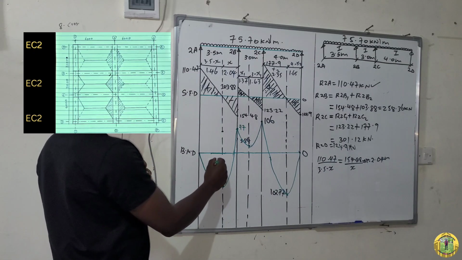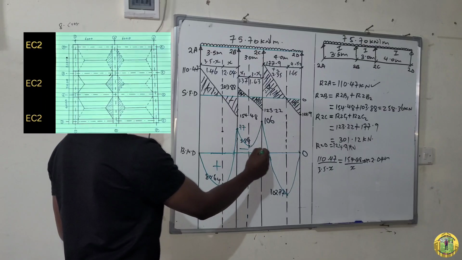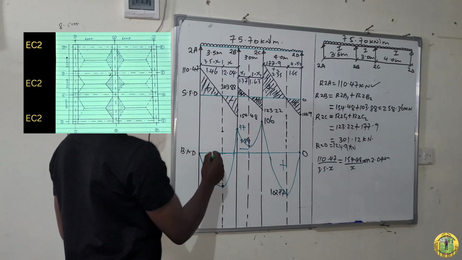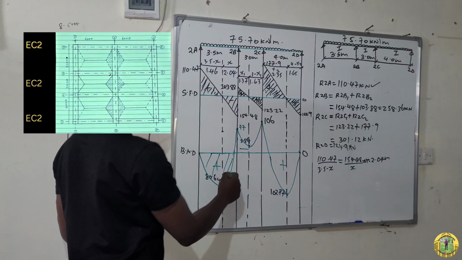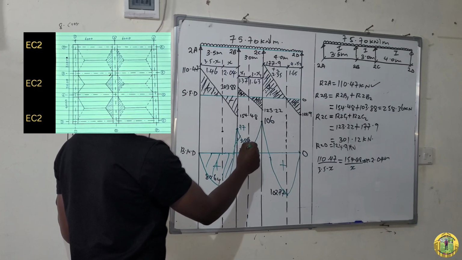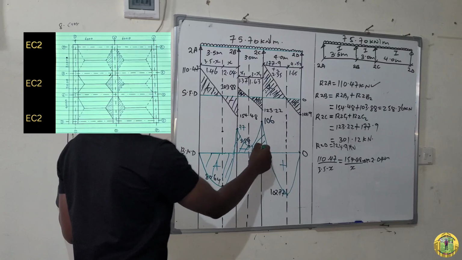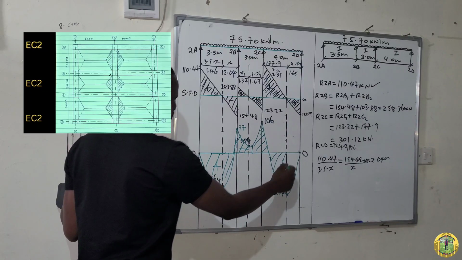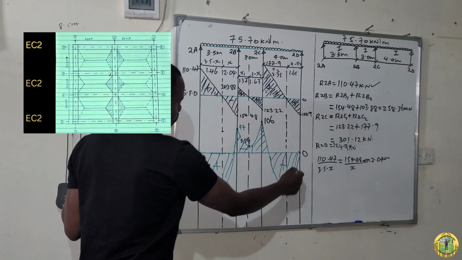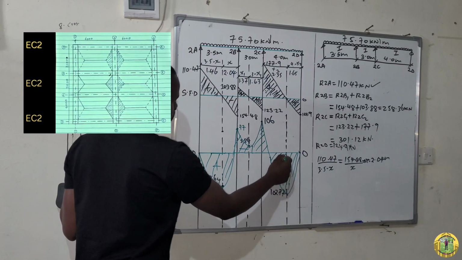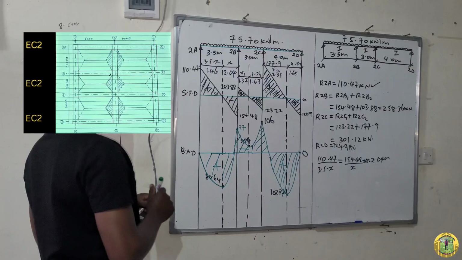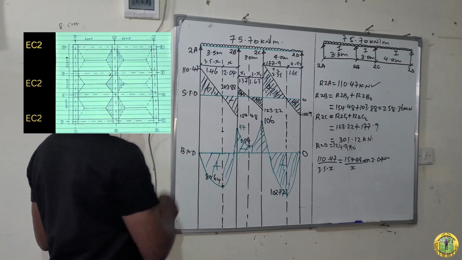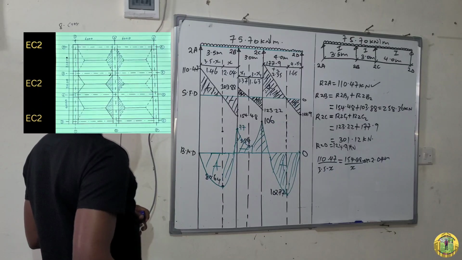So this one is positive, negative, positive. Like that. So we will use this maximum bending moment at each span and support to design our beam.